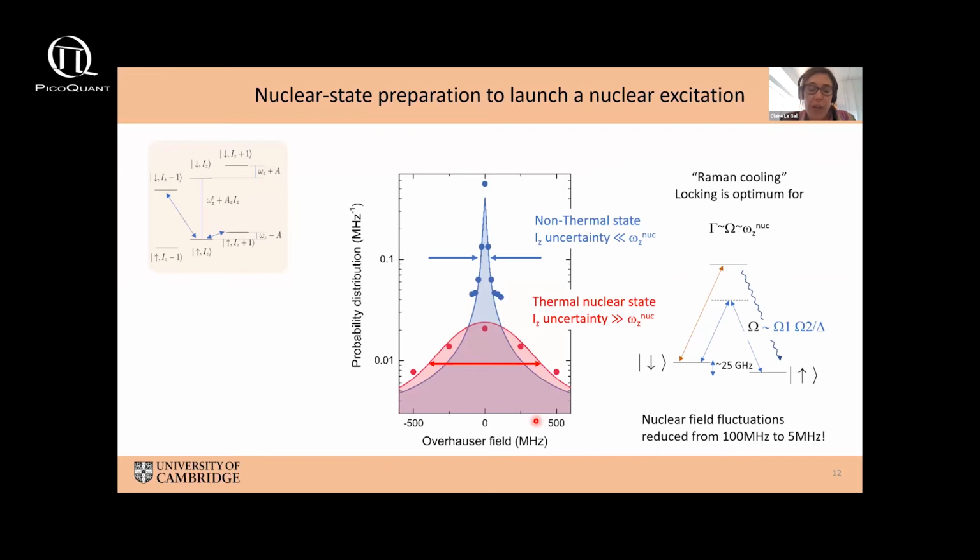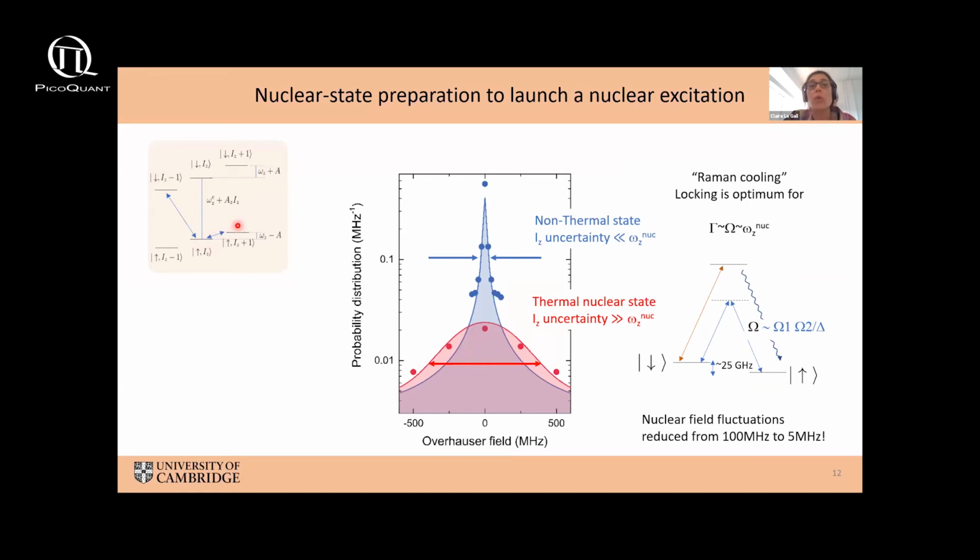So the first thing which is important, but that I will not detail right now, is that if you want to launch these nuclear spin excitations, you need to prepare the nuclear state, because naturally your nuclear state looks like this red curve, which is incredibly broad. The uncertainty on the nuclear spin polarization Iz is hundreds of megahertz, which is much larger than the 20 megahertz of nuclear Zeeman energy.